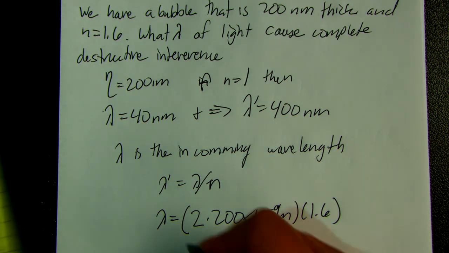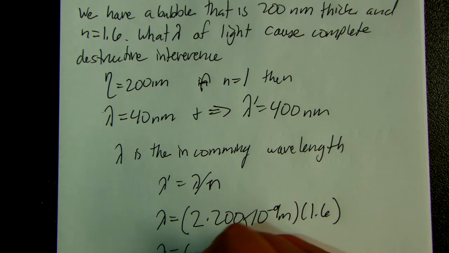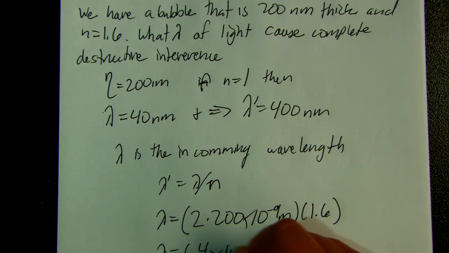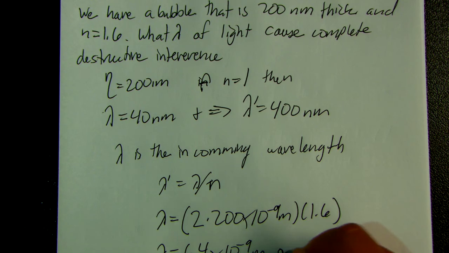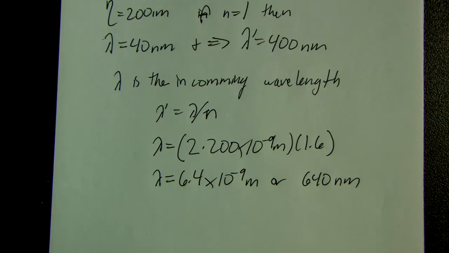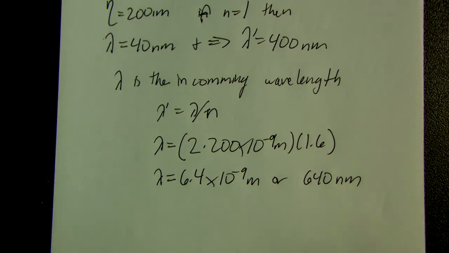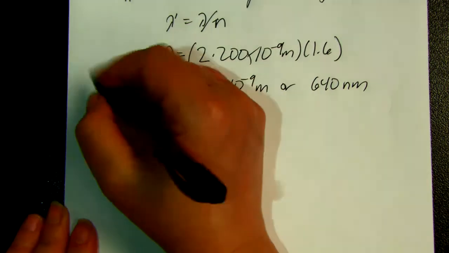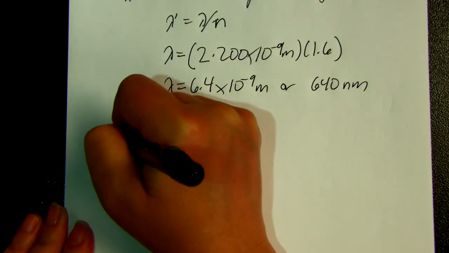And so our lambda is equal to 6.4 times 10 to the minus 7 meters, or 640 nanometers. So there's the complete analysis, also taking into account the index of refraction of the bubble and its relationship to re-radiation. All right, so moving on to a diffraction grating.